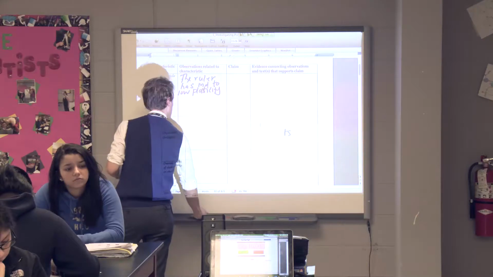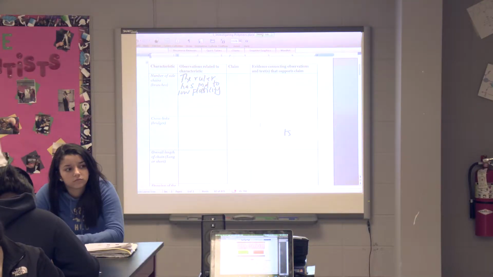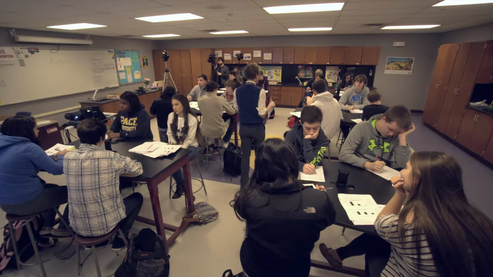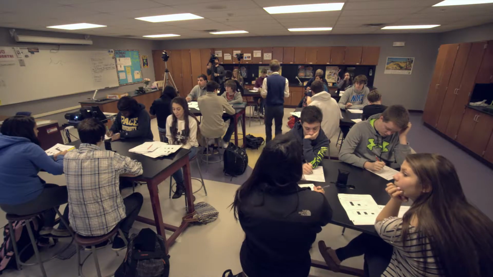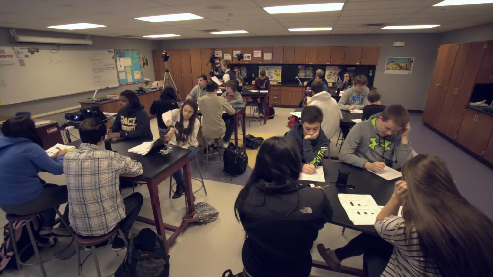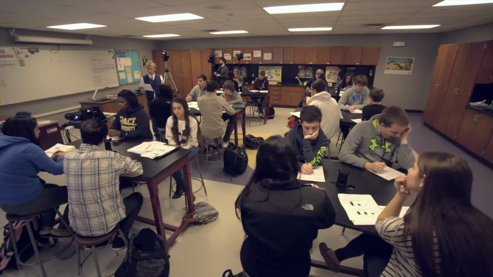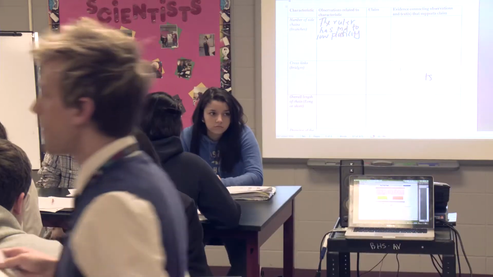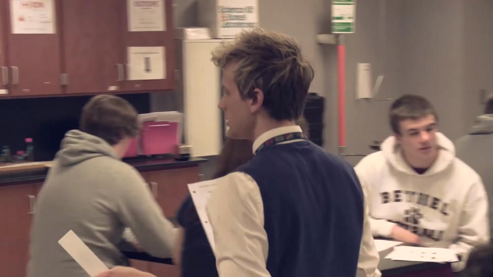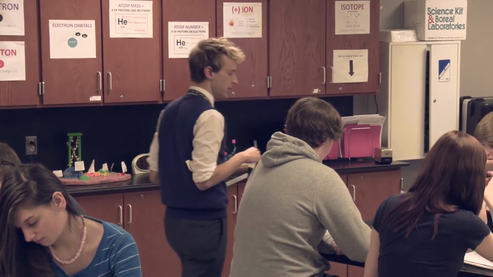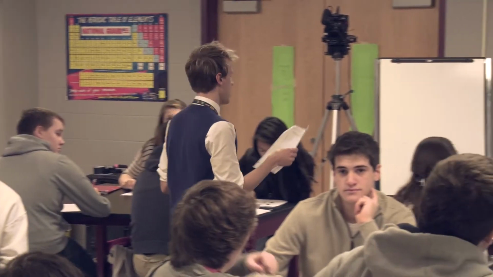There we go. All right, so if it has a medium to low plasticity, let's make a claim based on our graphs about the number of side chains. So look at your DV there, that's plasticity. Does it have a lot of side chains, a few side chains, or somewhere in the middle? Middle. Based on that graph.